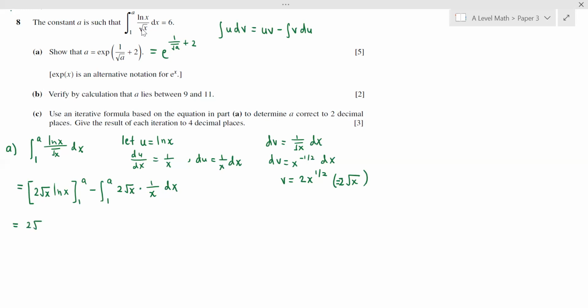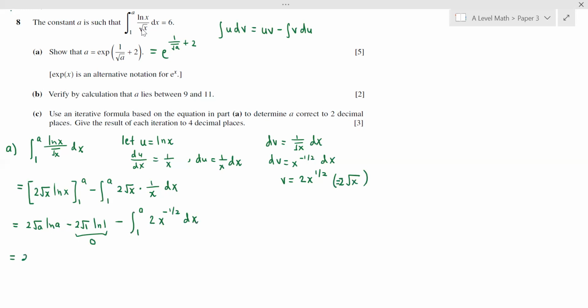This is 2 square root of a ln a. When x is 1, we have 2 square root of 1 ln 1. This part is going to end up at 0. Now for this case here, we are to integrate 2 square root of x over x, which is x to the negative 1/2.